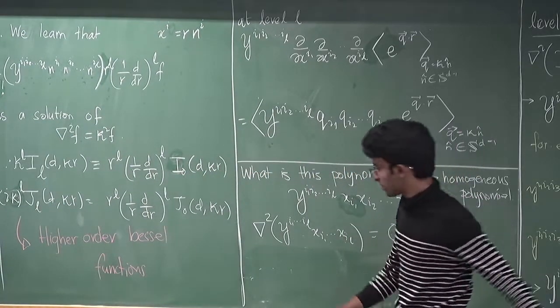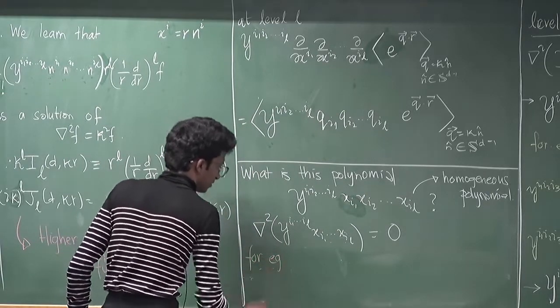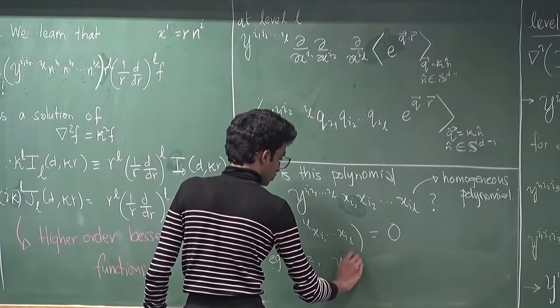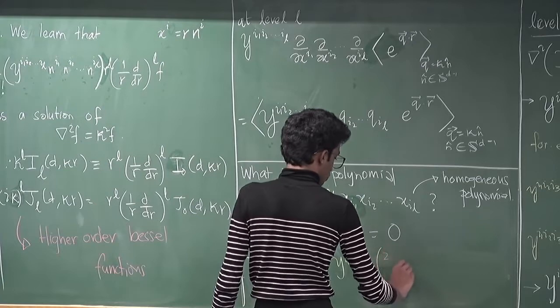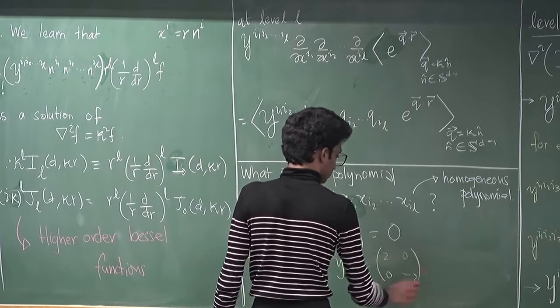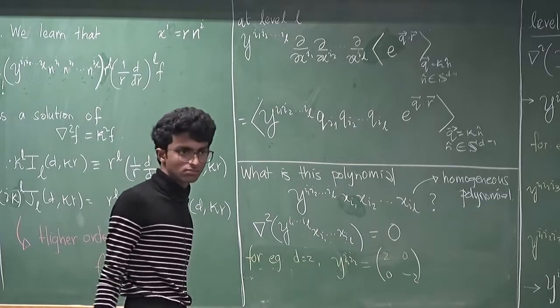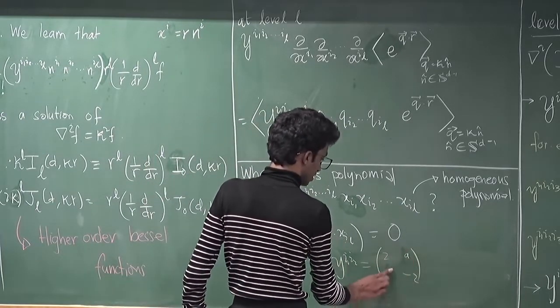For example, I can do a couple if you want. For example, b equal to 2, y I1 I2, I can take to be this matrix 2, minus 2, 0, 0. This is trace free and it's symmetric. I can actually put a, b here, a, a here.